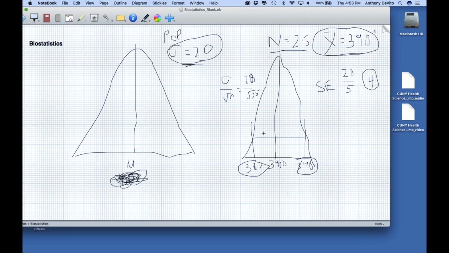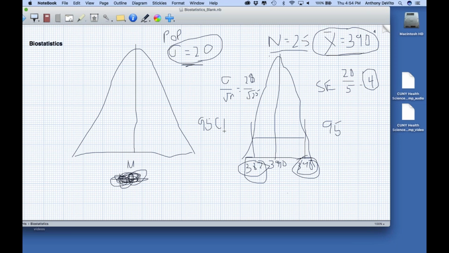If 95% of the time I would expect to get this, I can say instead that we're 95% certain that the real population mean is between these two values, 2 standard errors above and 2 standard errors below. Let's give that range a name. We're going to call that range the 95% confidence interval.